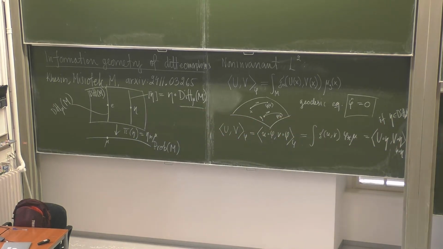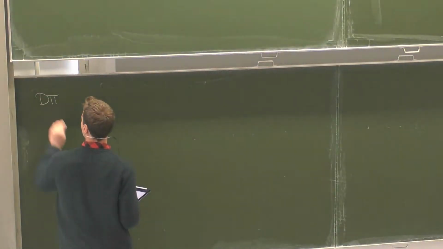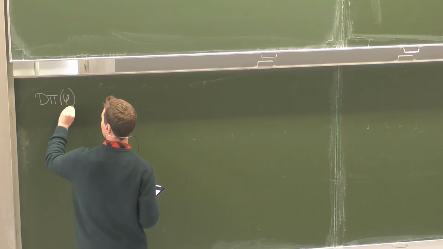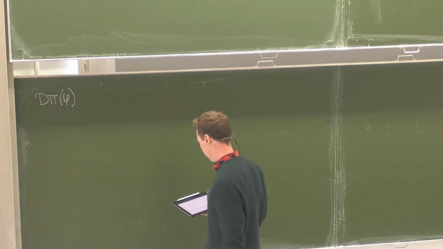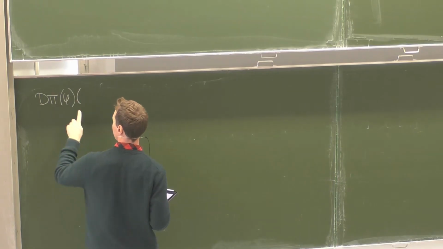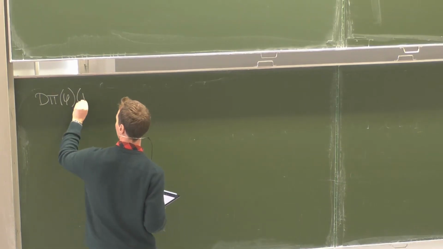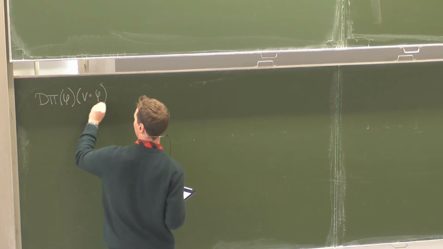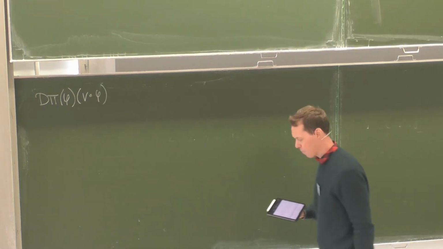So let's work out what the derivative is of this map. I take the projection, apply it to some diffeomorphism, and then evaluate it at some tangent vector, which I write as V composed with phi, where V is a vector field.